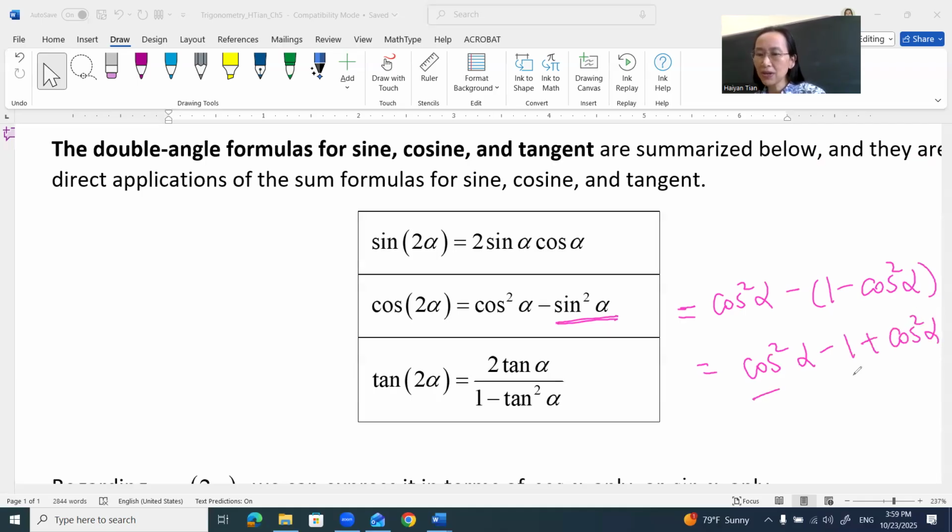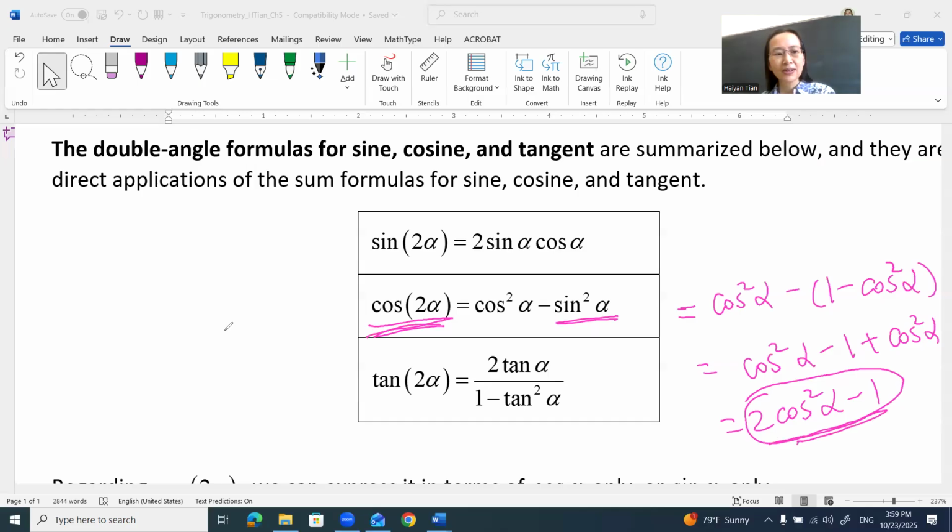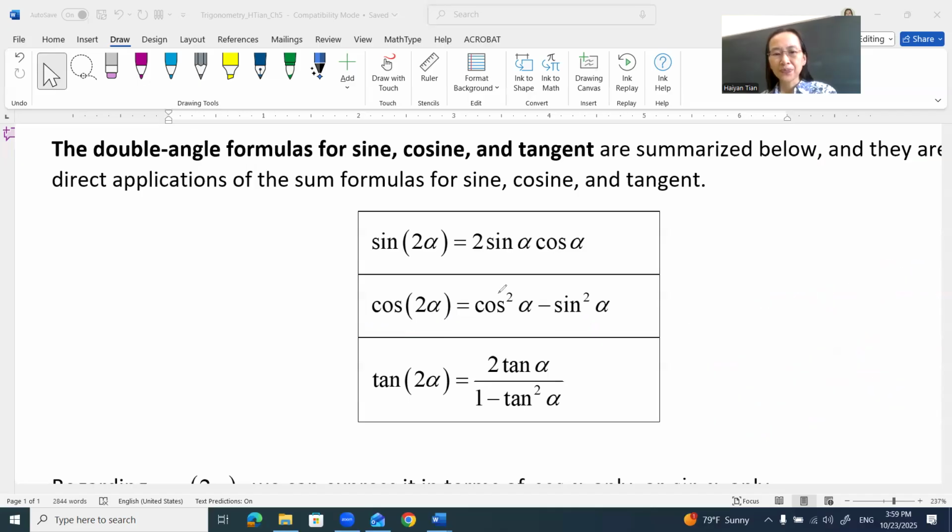So you see twice the cosine square alpha, minus 1. So now we have another version to calculate cosine 2 alpha. That is, we can use only the cosine alpha value to calculate cosine 2 alpha. So we have 3 versions for the double angle formula of cosine.